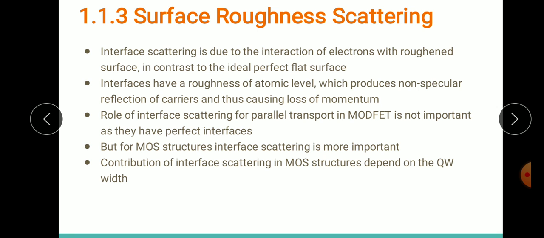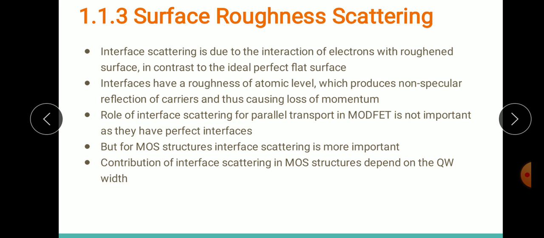Now, we can see that in the case of most structures, the interface scattering depends upon the width of your quantum well, right? As the width decreases, the electron wave functions can penetrate deeper into the oxide semiconductor barrier. And what happens as a result?